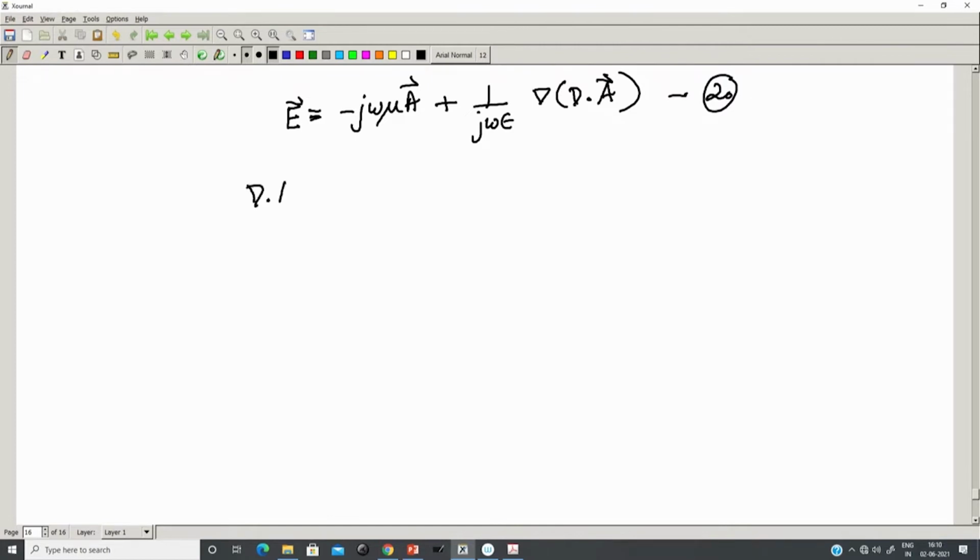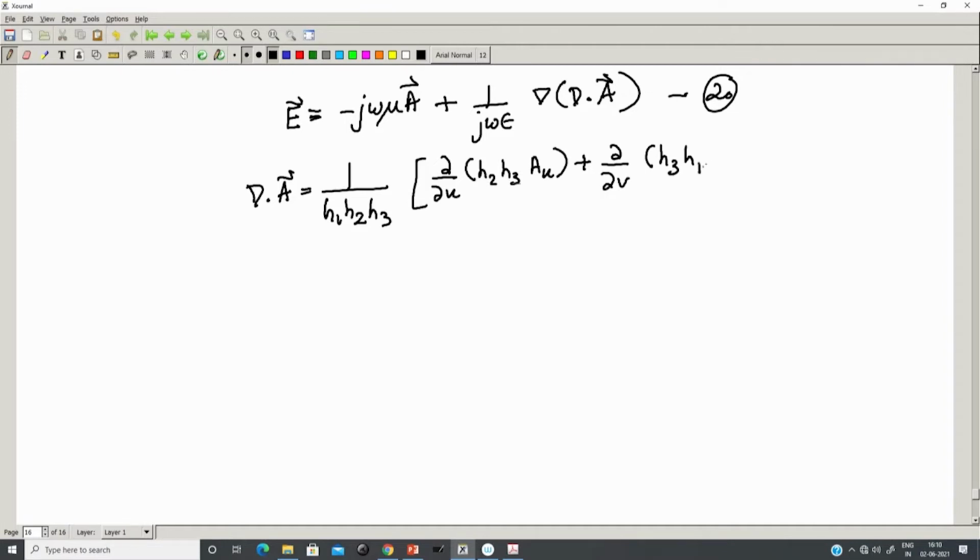Now, divergence A in the cylindrical coordinate system is 1 by h1 h2 h3 times del del u of h2 h3 au, plus del del v of h3 h1 av, plus del del w of h1 h2 aw.